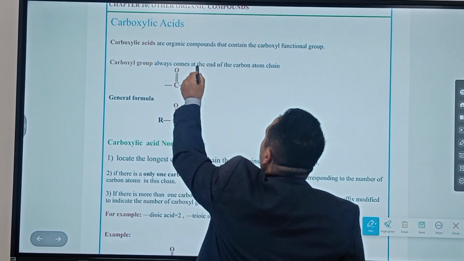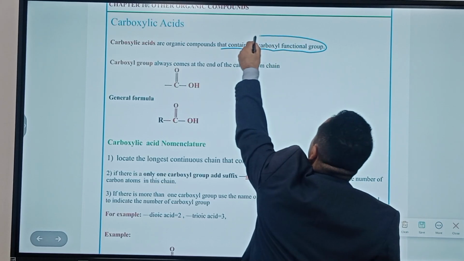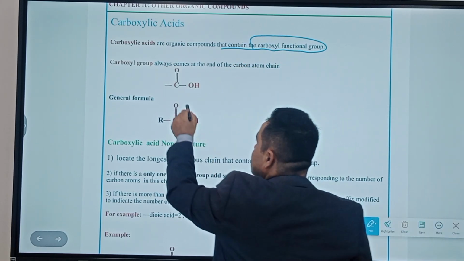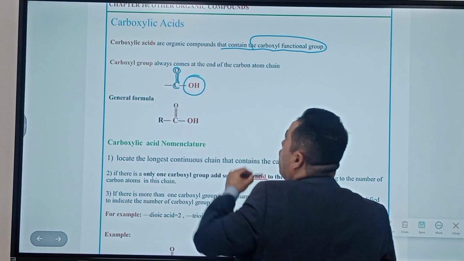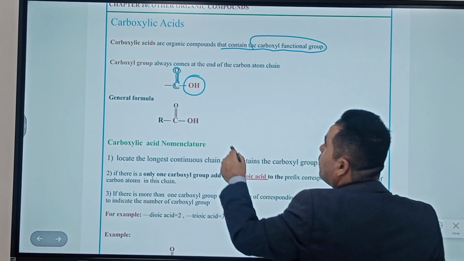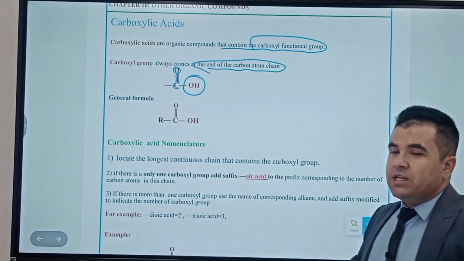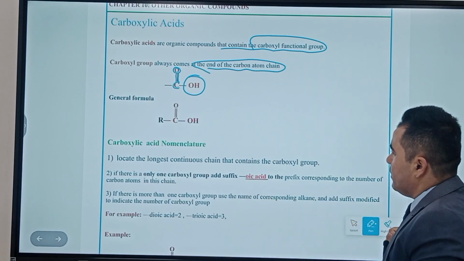They are organic compounds that contain the carboxyl functional group, which is C double bond with O and then OH. The carboxyl group always comes at the end of the carbon chain.